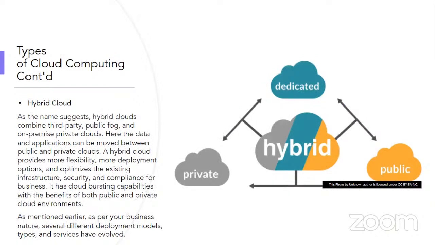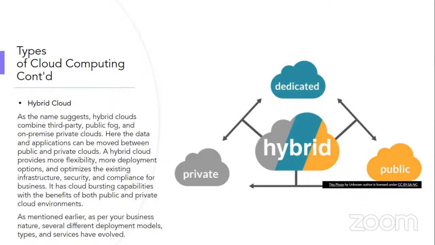As the name suggests, hybrid cloud combines a third-party public cloud and an on-premise private cloud. Here, data and applications can be moved between private and public clouds. A hybrid cloud provides more flexibility, more deployment options, and optimizes the existing infrastructure, security, and compliance for business.